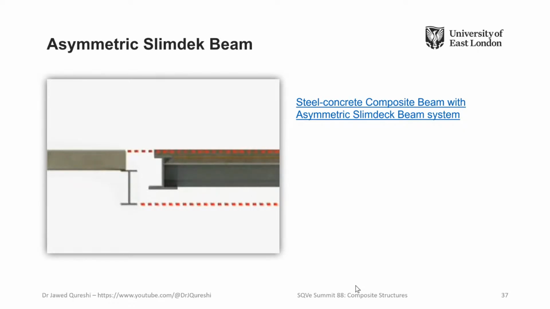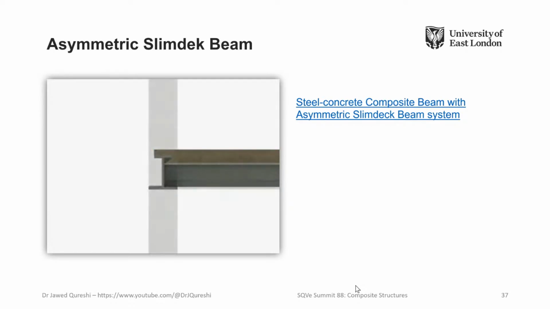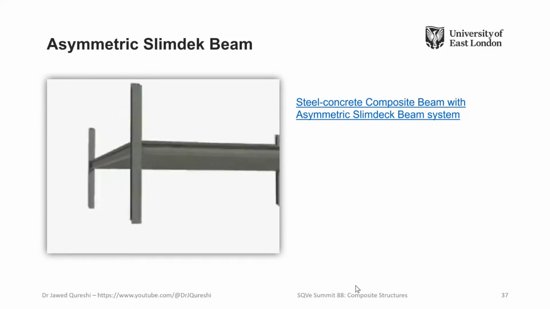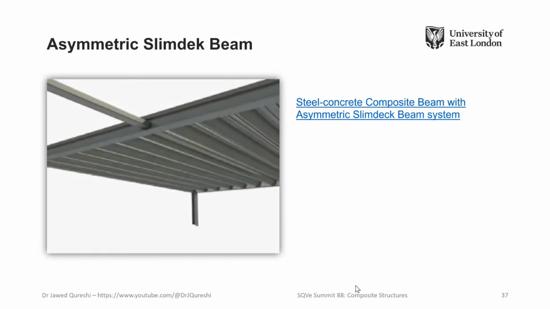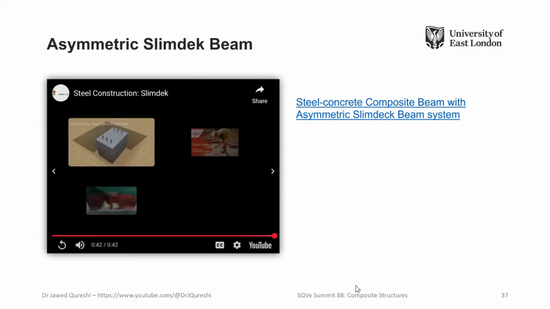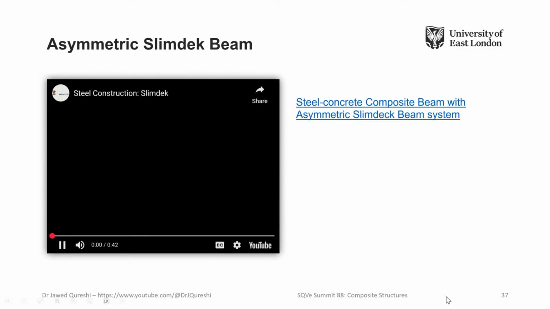This reduces the overall depth of the floor structure and gives 60-minute inherent fire protection. Spans of up to 9 meters are possible, and service ducts of up to 160 millimeters diameter can be accommodated within the trough of the decking. SLIMDECK.